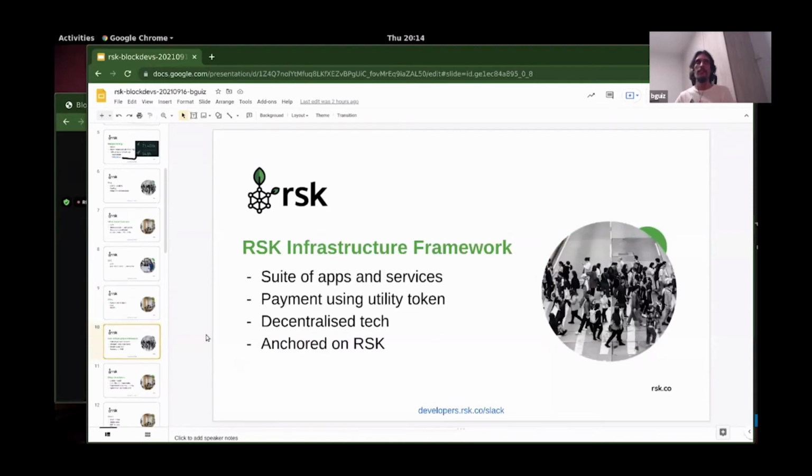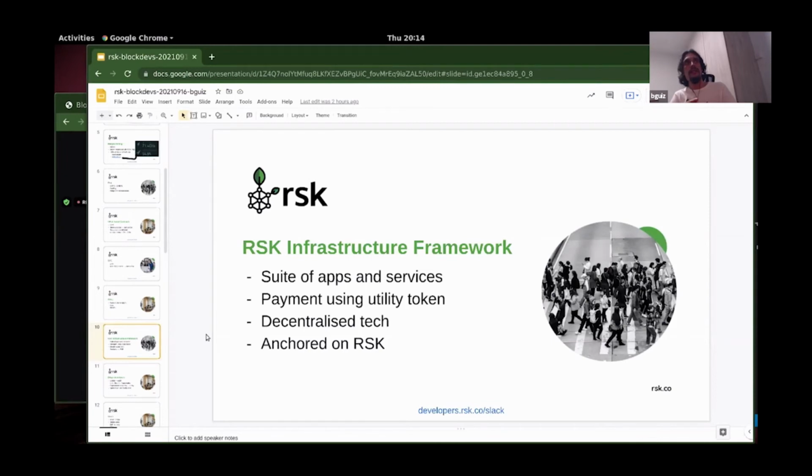Apart from the blockchain itself, there's also something called the RSK Infrastructure Framework, or RIF for short. That comprises a suite of apps and services. You've got everything from DNS, something similar to ENS, to a self-sovereign identity solution, to a fast payments network. You've got Relay, which implements enveloping, etc. All of these come under the RSK Infrastructure Framework.